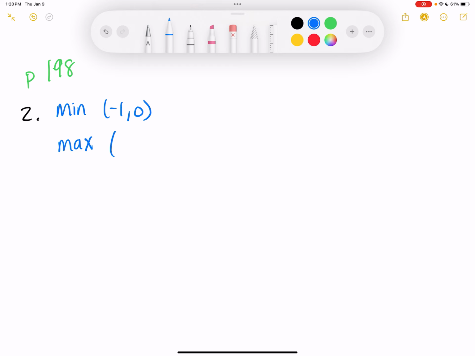Whatever's just to the left of 0, and I guess just under 1. So the max would be at 1, 0. A point that's open can't have a max or a min. So the min and the max have to be a closed thing. For that one, it almost looks like we're looking for the x min and the x max.